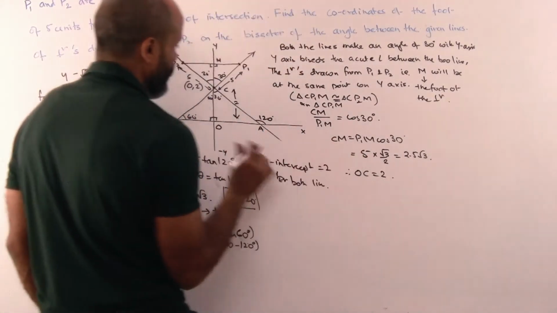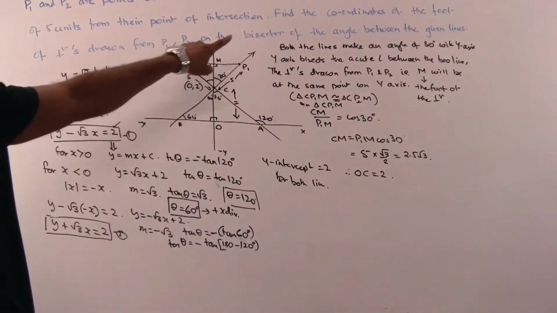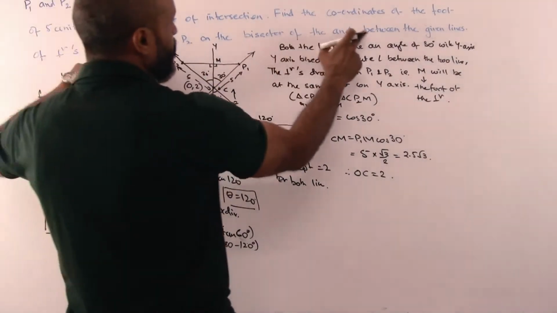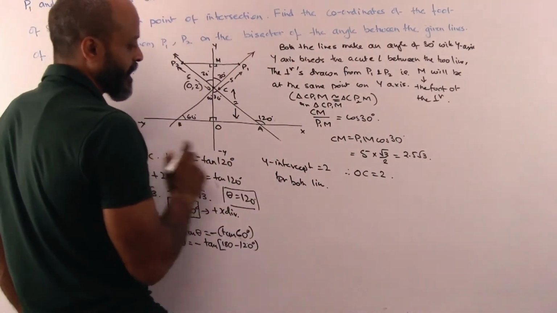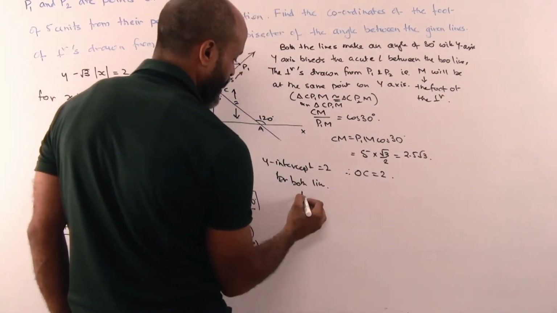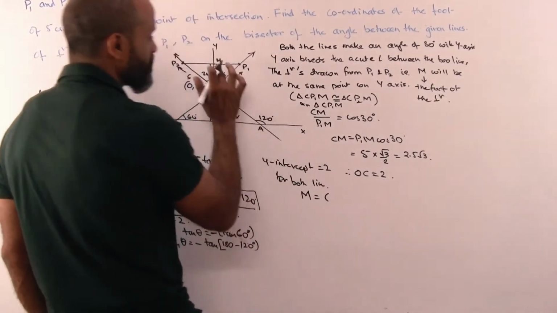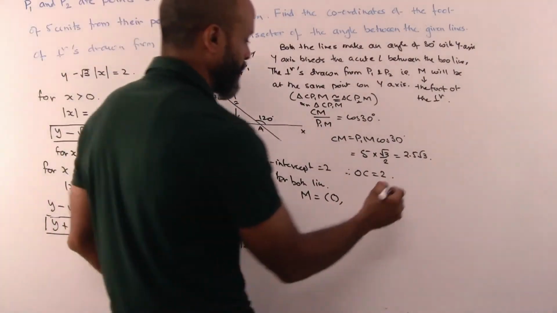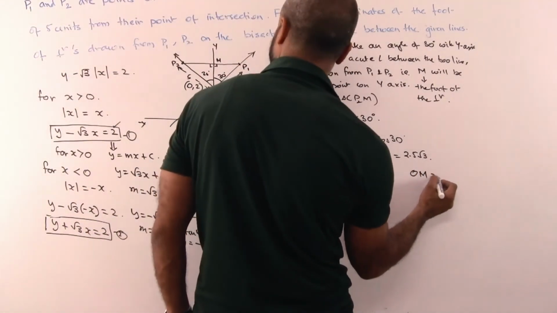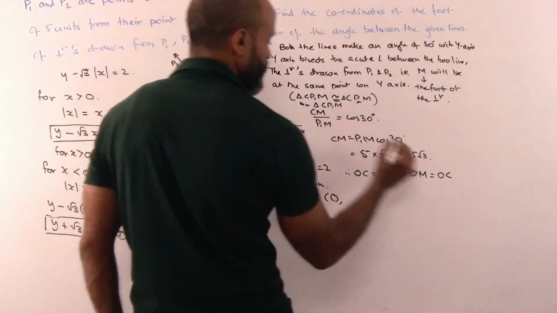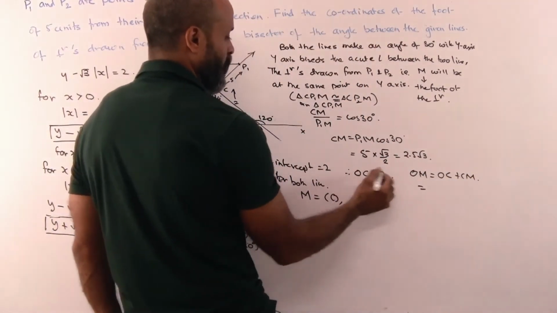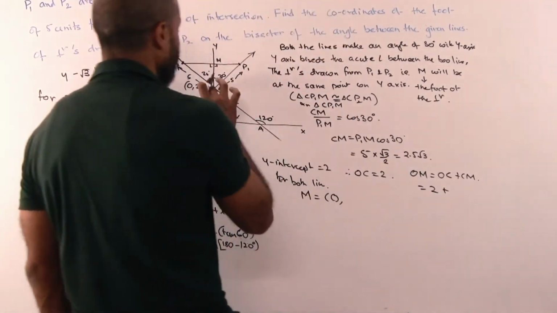Now what we have to find out, if we look at the question here, is the coordinates of the foot of the perpendiculars drawn from P1 to P2 on the bisector. So what will be the coordinate of M? Since it lies on the y axis, it will be 0, and OM will be equal to OC plus CM.